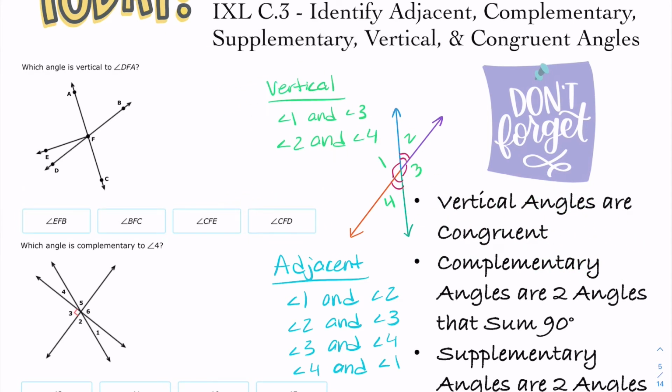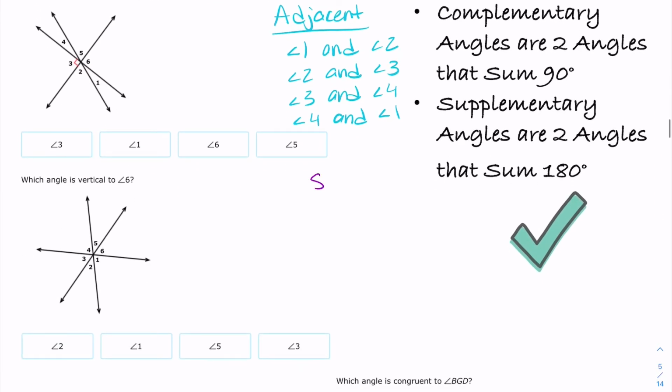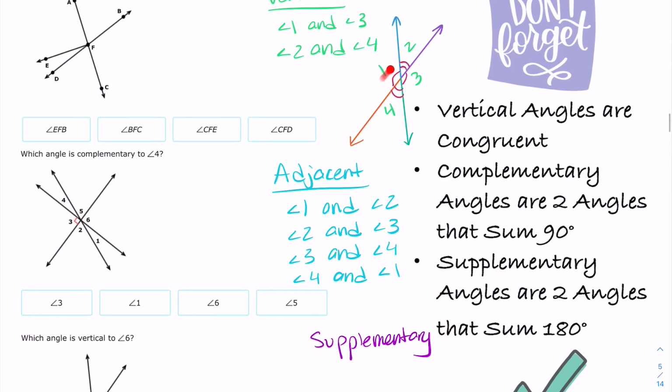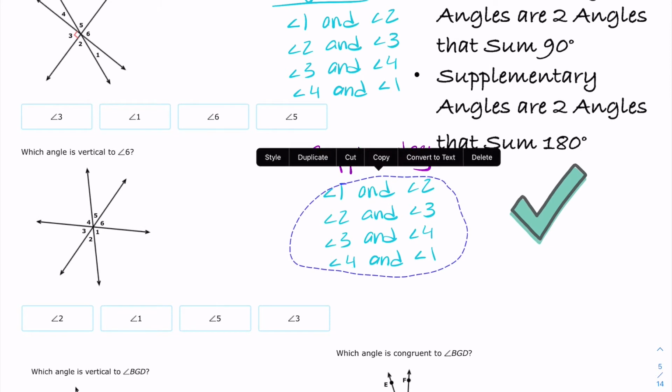Supplementary are these right here: 1 and 2, 2 and 3, 3 and 4, and 4 and 1. They're actually right near each other, but they add up to 180 degrees because they're on a line.